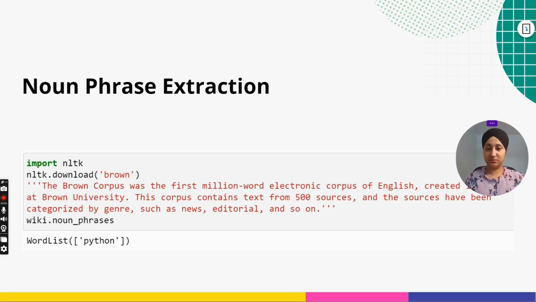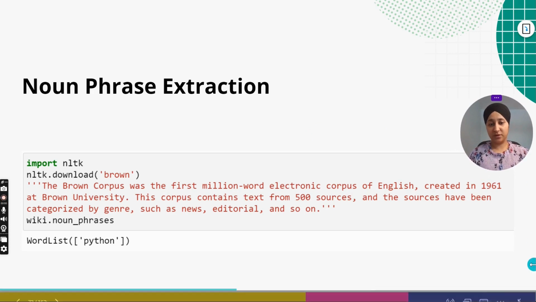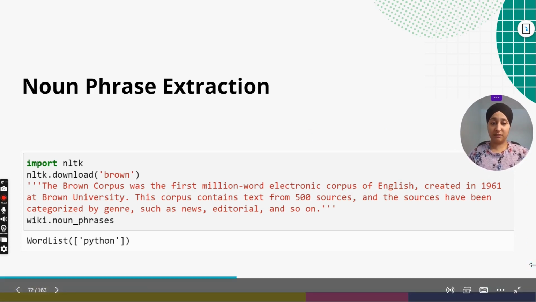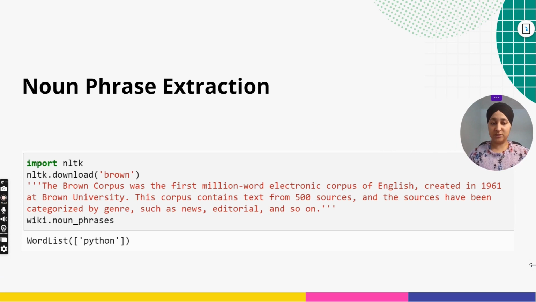So I'm going back to my slide. So here, first of all, I would require to download a corpora Brown. The Brown corpus was the first million word electronic corpus of English. Now you can see in here about Brown, which is a corpora. We can also say corpus in plural. So first of all, we will require to download it.